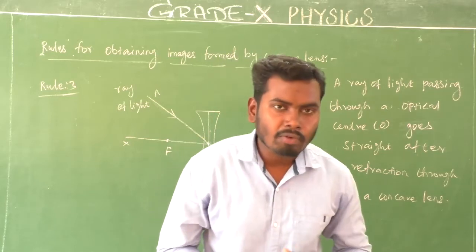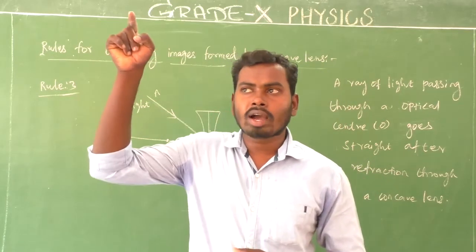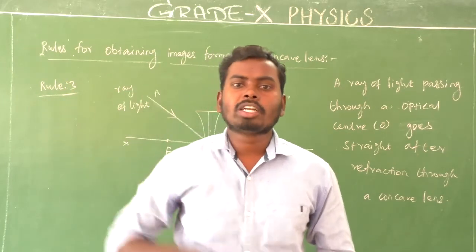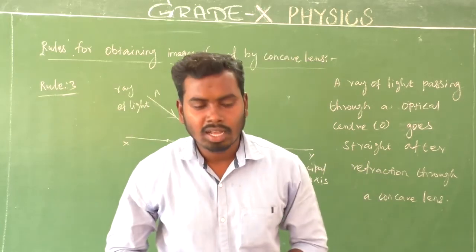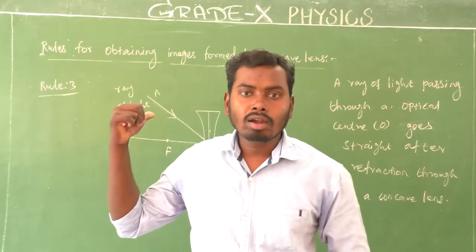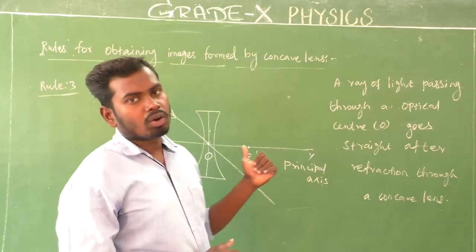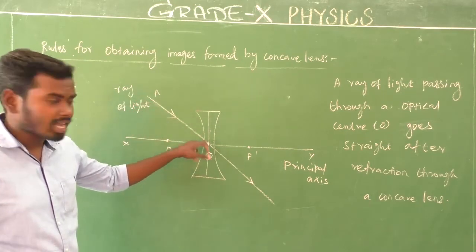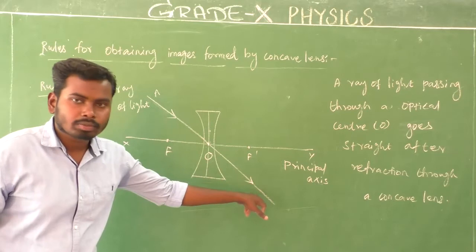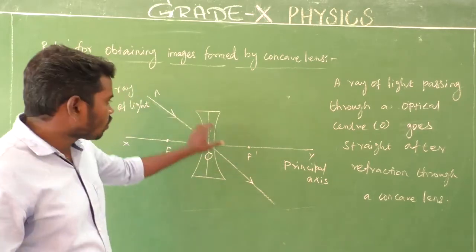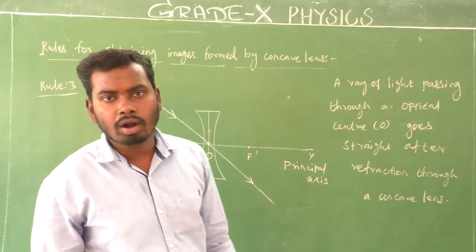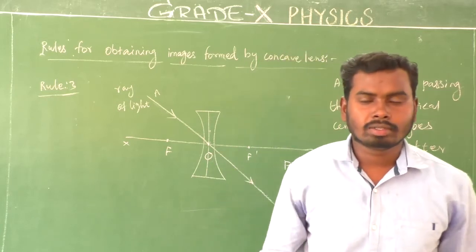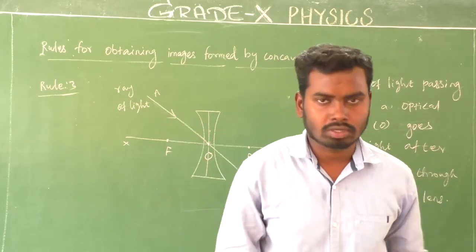A ray of light going towards the focus of a concave lens becomes parallel to the principal axis after refraction. Then the third rule: a ray of light passing through the optical center O goes straight after refraction through the concave lens. Is it clear? So very simple, don't get confused.